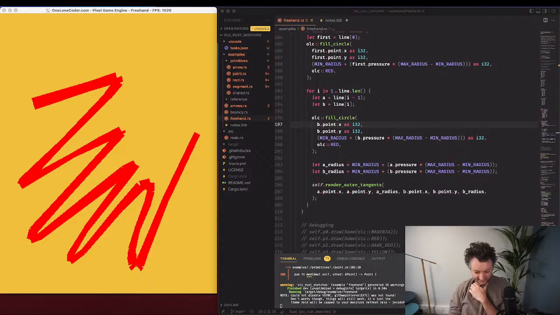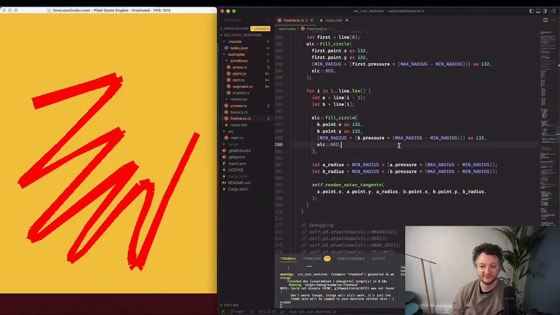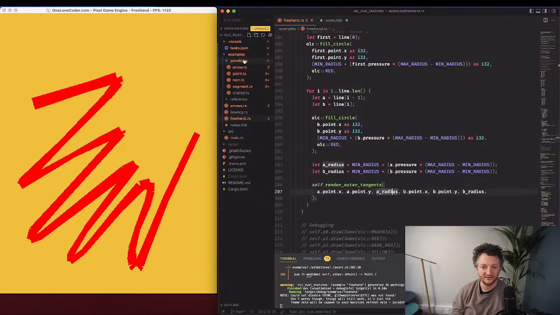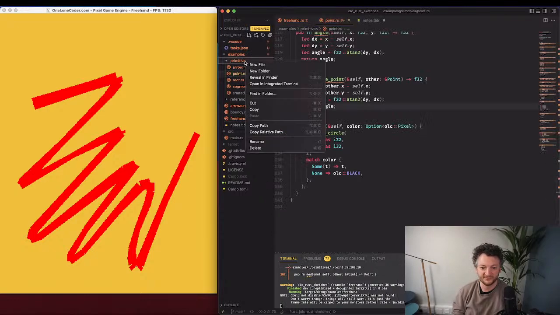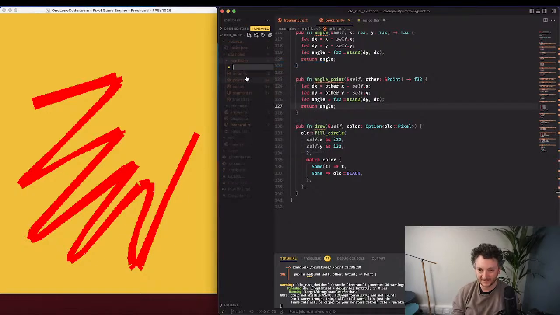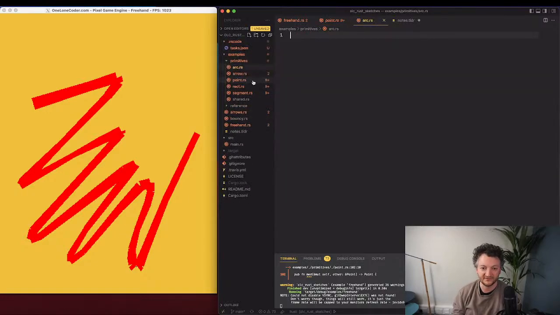I'm going to translate this from some JavaScript code, which is off screen. But here's how an arc works. Let's see. I don't need that. So I have primitives for points and arrows and things like this. These aren't super refined or anything like that, but they do.